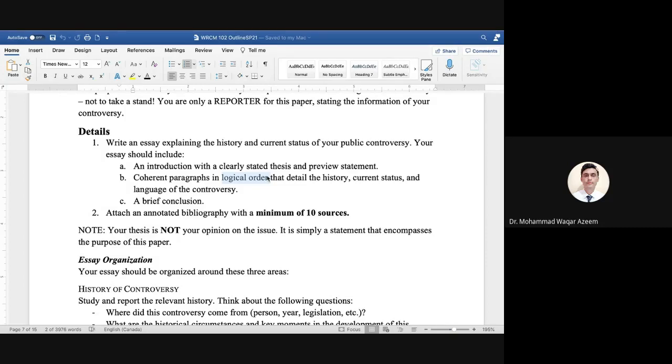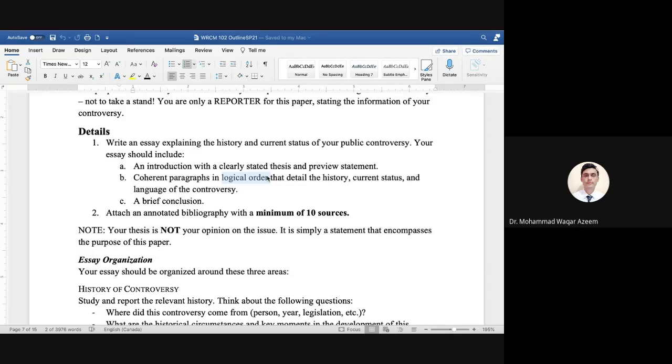When you write those two paragraphs, you might decide to move from one paragraph to the second in a chronological manner, so the point in history which comes before, the paragraph about that is written before. And the point in history which comes later, the paragraph about that also comes later.